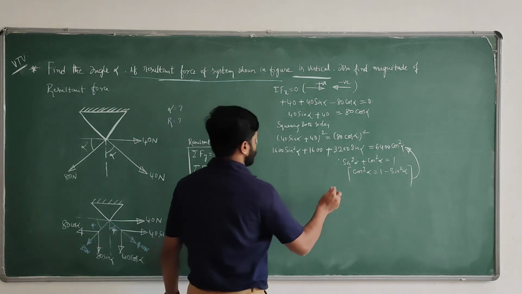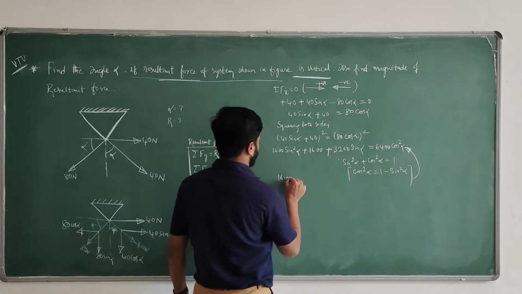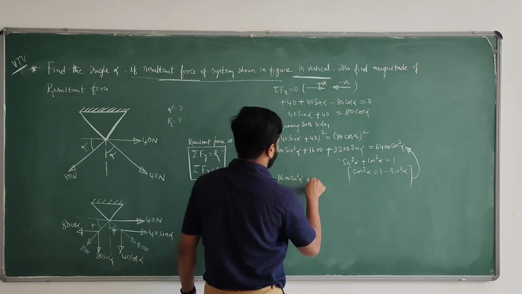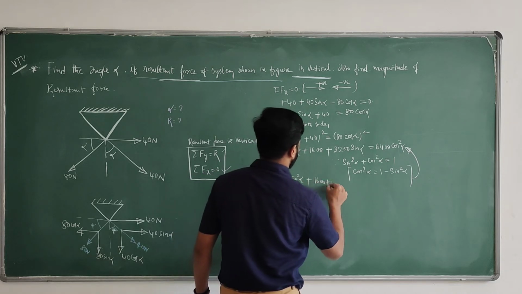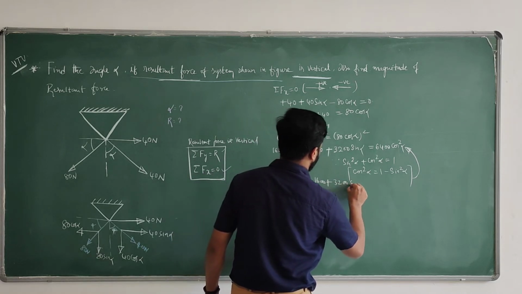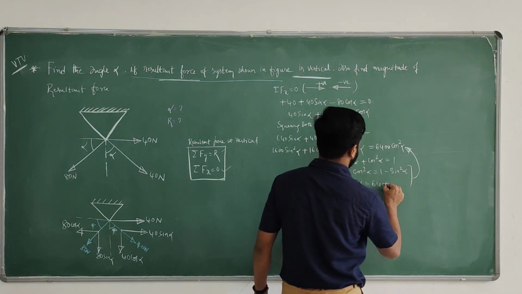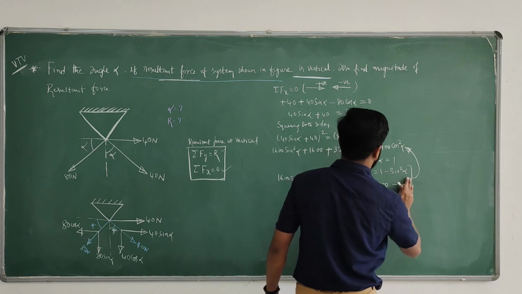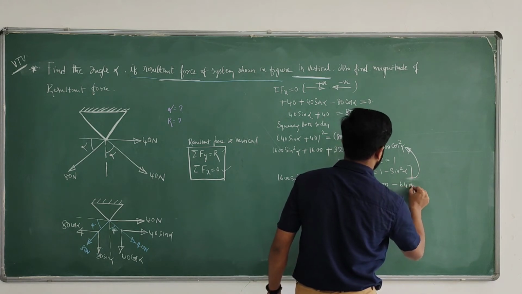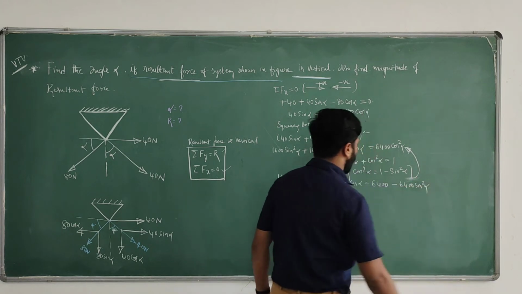For this, you take the left-hand side as it is: 1600 sin square alpha plus 3200 sin alpha equals 6400 minus 6400 sin square alpha.